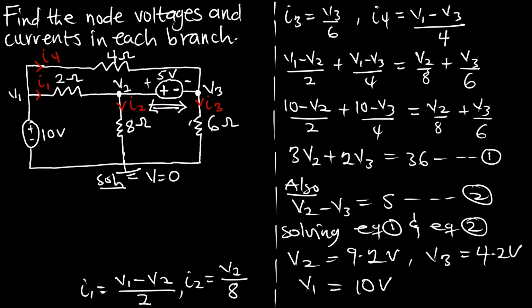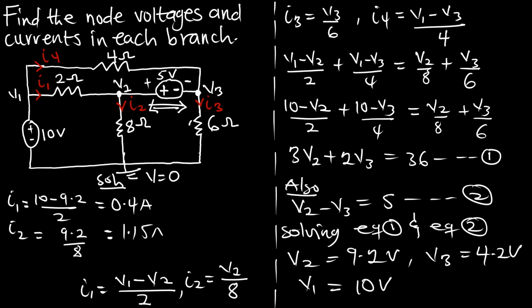So let's look at how we can get the current. We know that I1 is going to be V1, which is 10, minus V2, which is 9.2, all on 2. And that is going to give us a current of 0.4 amperes. Now, I2 is V2 on 8, 9.2 on 8, and that is going to give us 1.15 amperes.